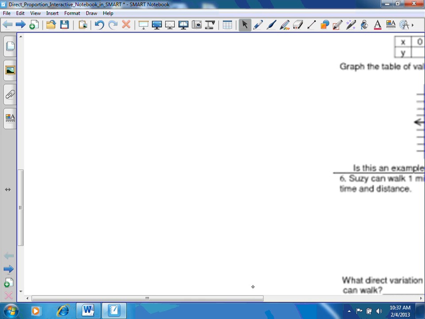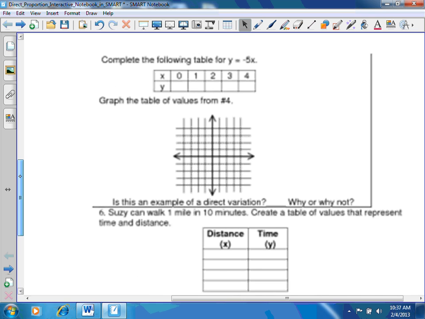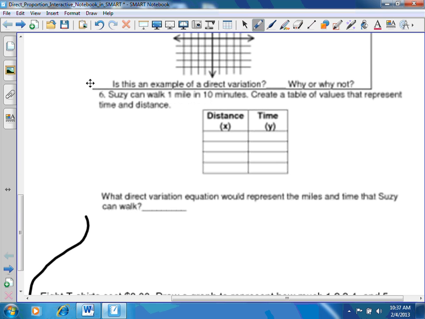Alright, the next problem I want you to cut out. Go to what's left, you've got this one little slip over here. You see where it says number 6, Susie can walk? Okay, I want you to cut out this Susie problem right here.